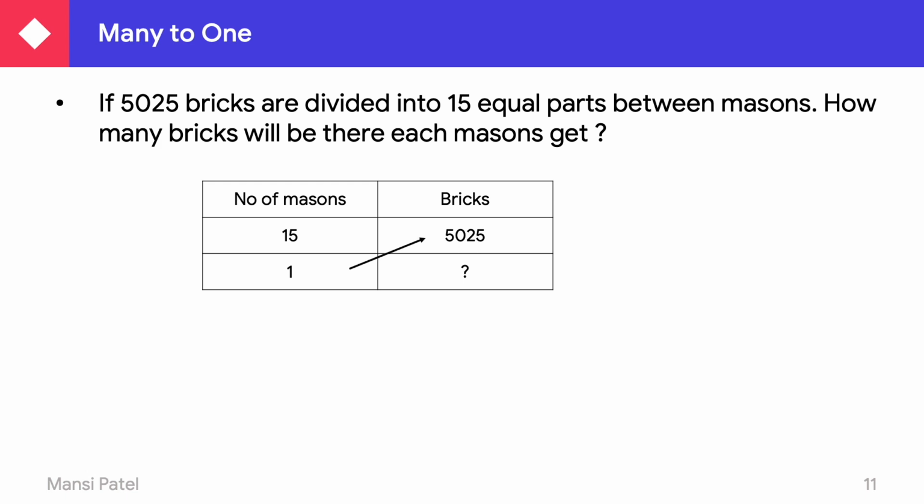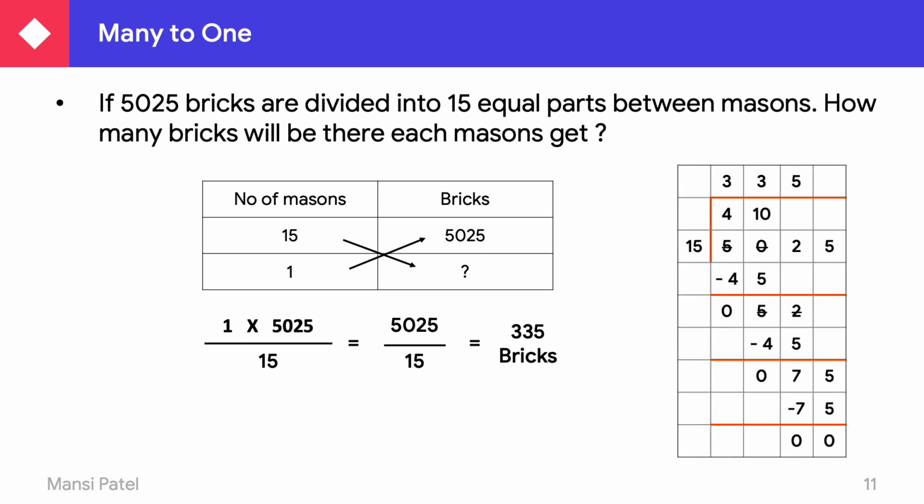Question mark. So here as per the rule, the numbers written in the cross, you have to write in the multiplication, and the number which is remaining, you have to write in the division. So here we have to do 1 multiplied by 5025 divided by 15. 5025 divided by 15. In your rough work, you have to do the division like this. 15 threes are 45. 50 minus 45 is equal to 5. 2 comes down, so it becomes 52.